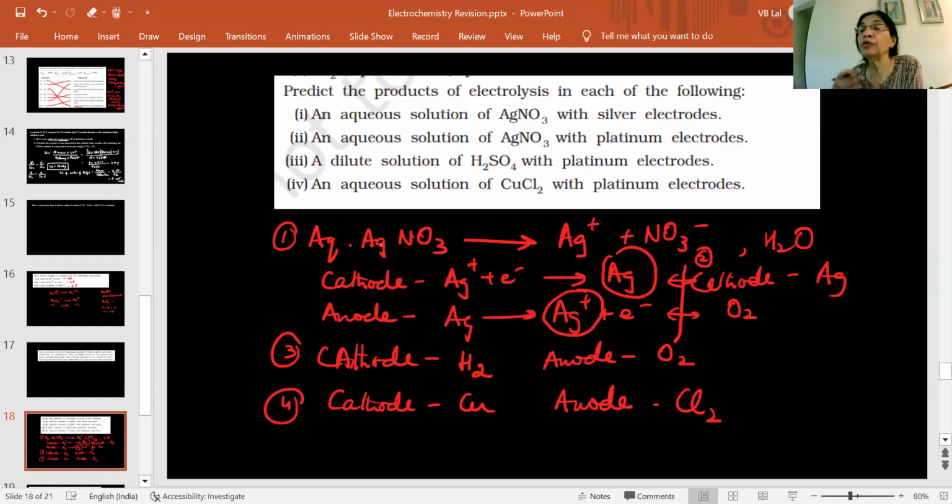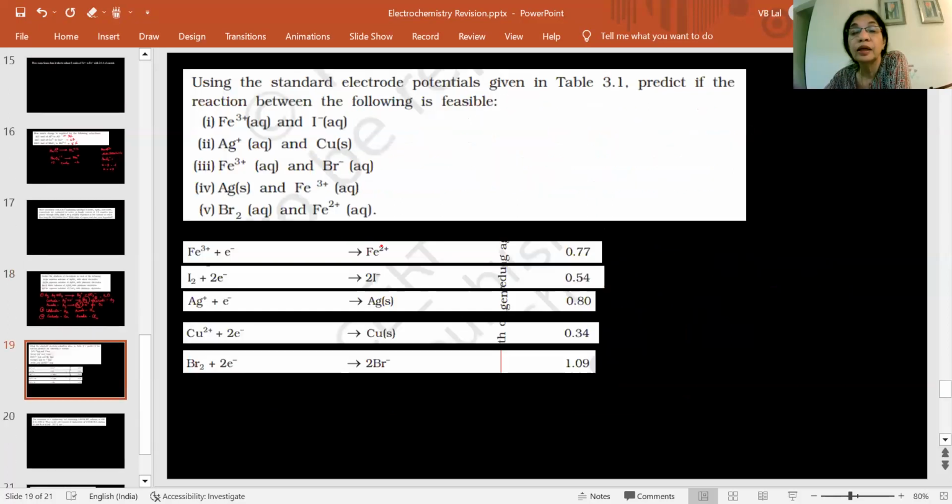Okay, so either the values of the electrode potentials will be given to you, or you have to just remember in case of aqueous solution, mostly you will get whatever the anion is, or oxygen. So that is how you find out what is formed at cathode and anode. Now this question, next one.